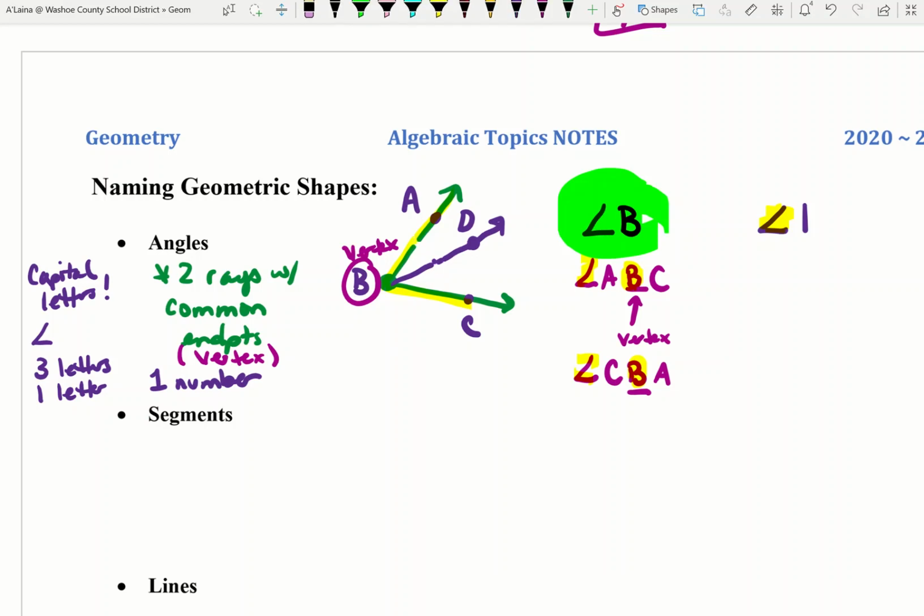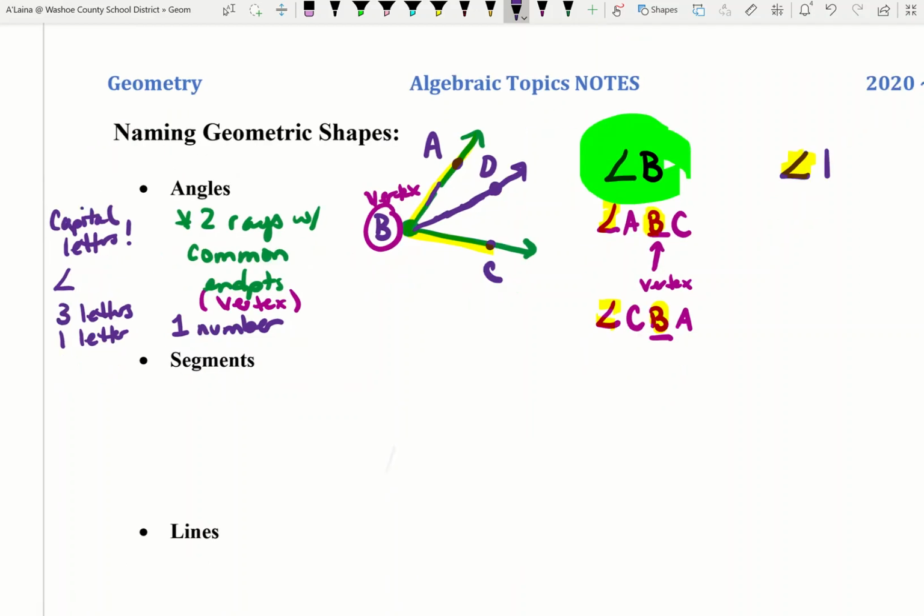Am I talking about this little angle B here? Am I talking about this little angle B here? It's too confusing. So if there's more than 1 angle using B as a vertex, you will not be able to use the 1-letter option. You would have to use 3 letters instead. Or you could maybe use a number if it's not the big angle. We'll talk about that more in a minute.